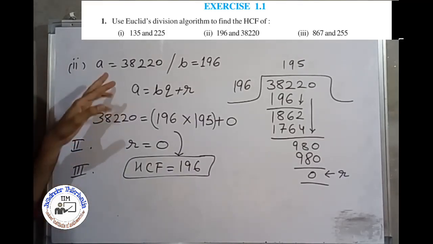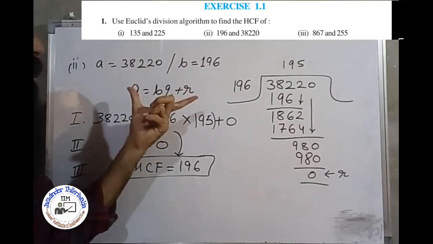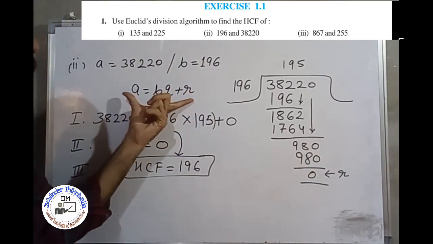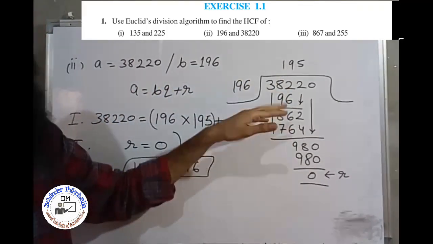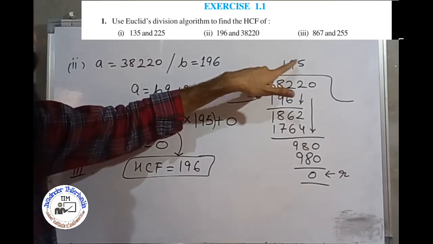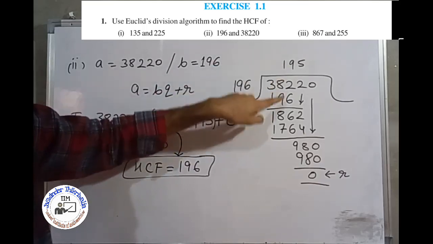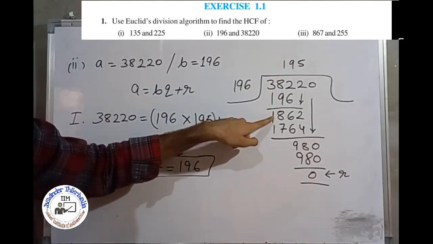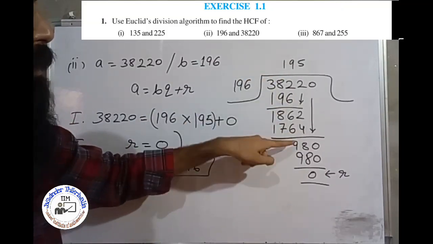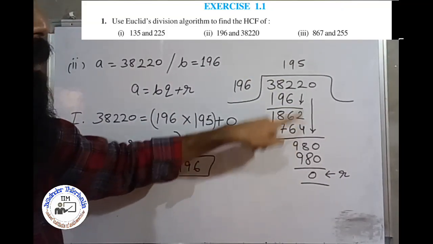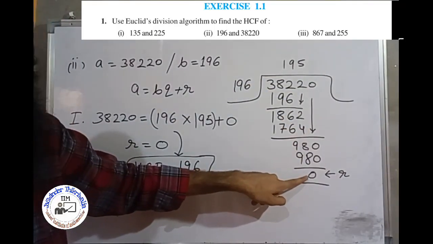In the second part, A is 38,220 and B is 196. So first of all we will apply Euclid's lemma. We divided, the quotient came 195 and the remainder is 0, because 196 times 1 is 196, subtract it, you get 1862, then 196 times 9 is 1764, subtract again, you get 98, then 196 times 5 is 980, so the remainder will be 0.